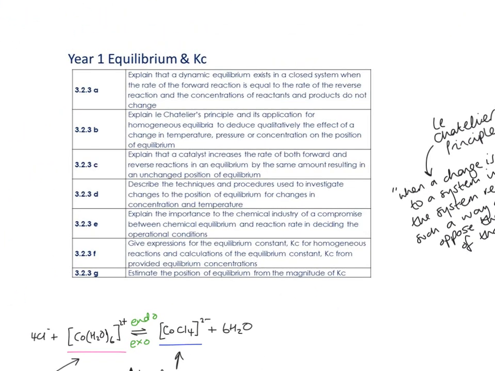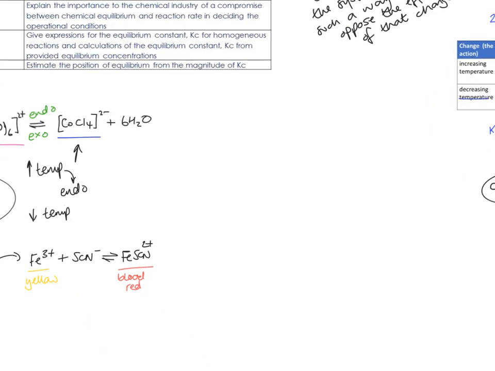So the final thing to look at is this idea of Kc, which we delve into in a lot more detail in year 2. Kc is known as the equilibrium constant.